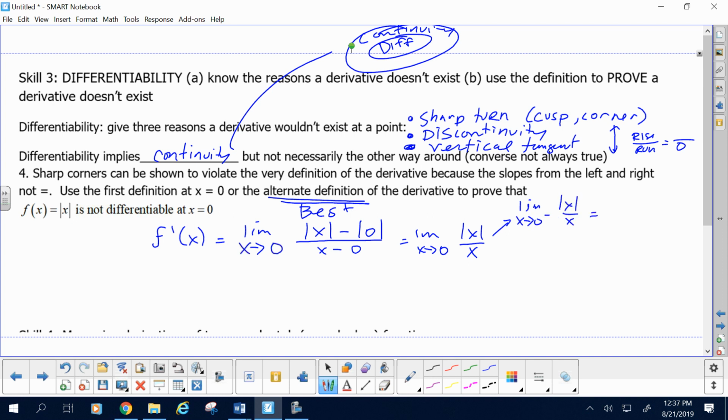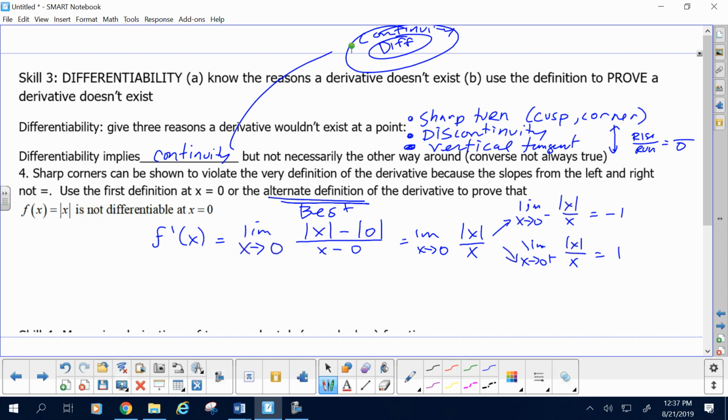When you go from the left, negative 1 over, absolute value of negative 1 over negative 1, the numbers are the same, but the sign in the top is made positive and the bottom is negative. So how do these come out? Negative 1. If you approach from the top, you're talking positives, and does absolute value do anything to positives? So in those cases, the x's are the same, and this comes out to be 1.